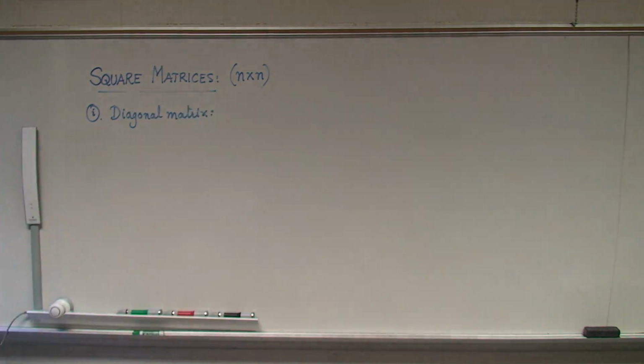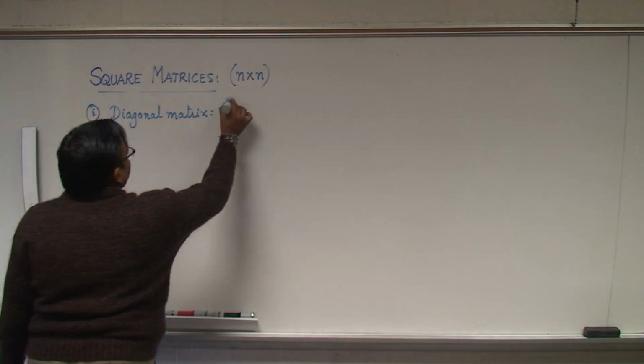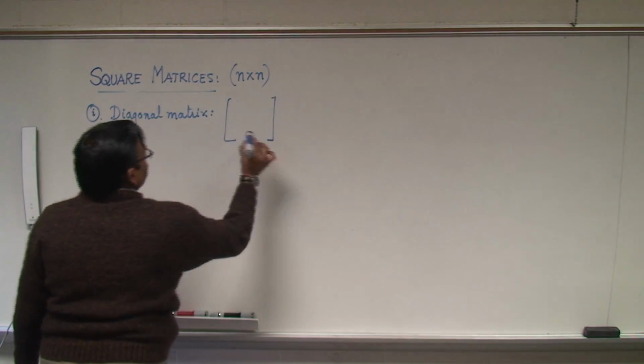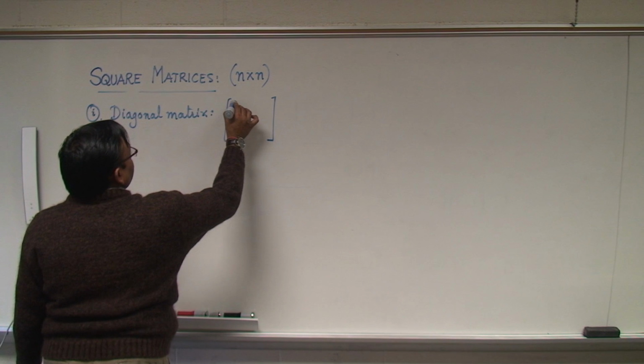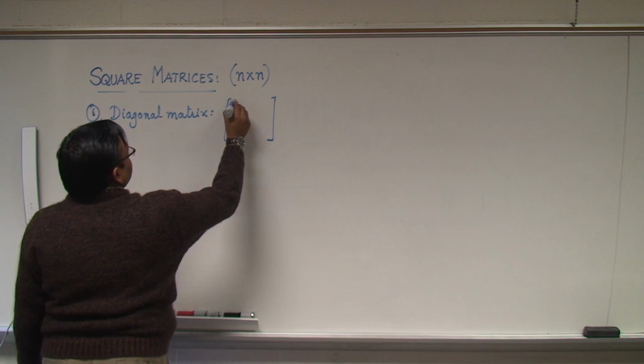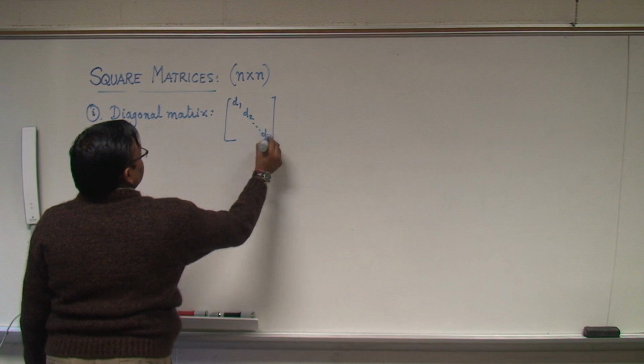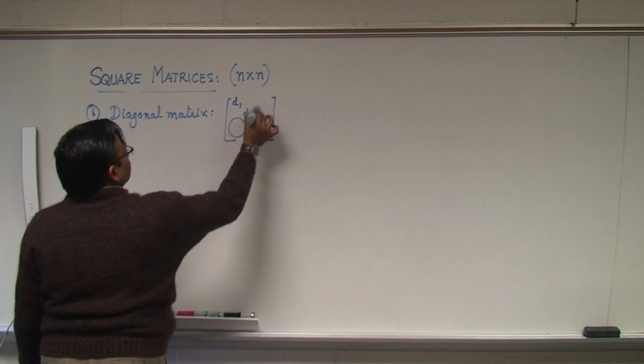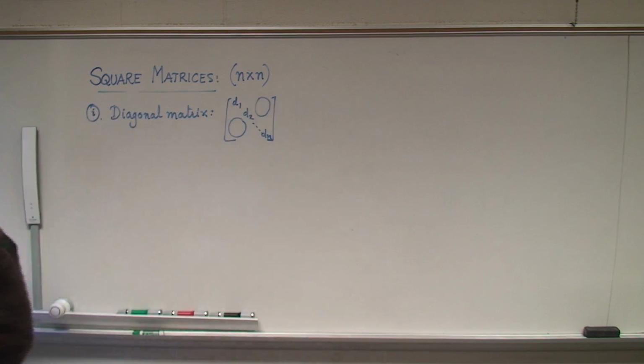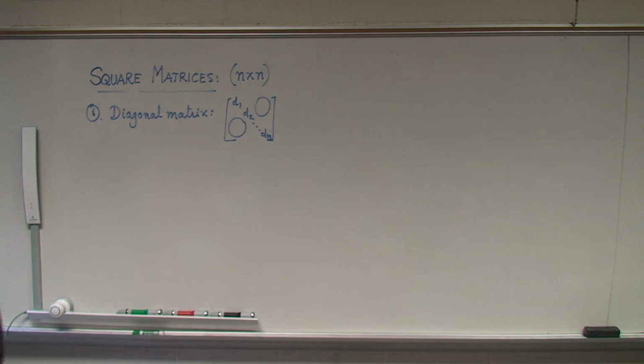So the first matrix that we want to talk about is the so-called diagonal matrix. So what is a diagonal matrix? Well, as the name suggests, it's a square matrix which has entries only on the diagonal. So that means we will have some bunch of entries on the diagonal. Everything off the diagonal is just zero.